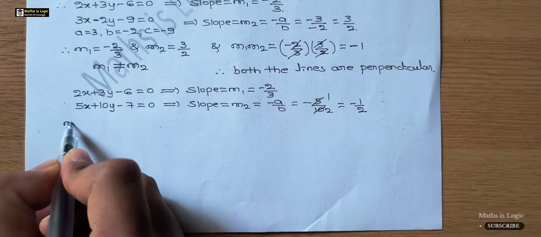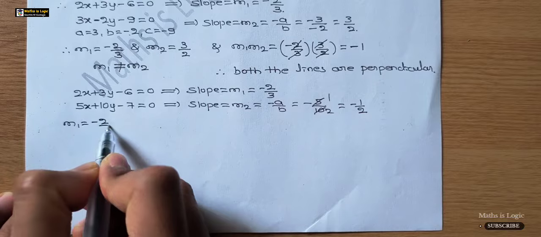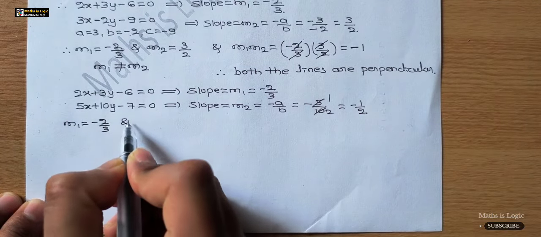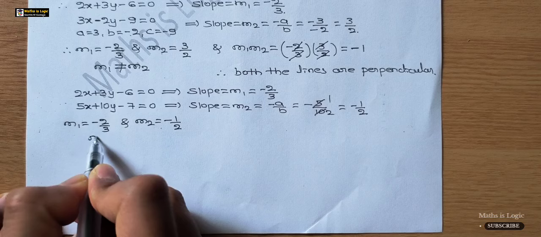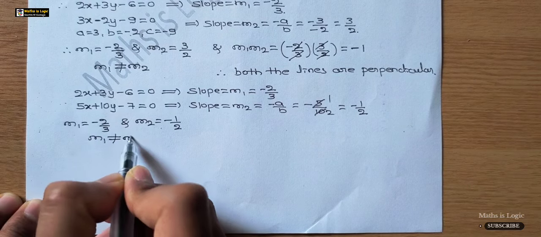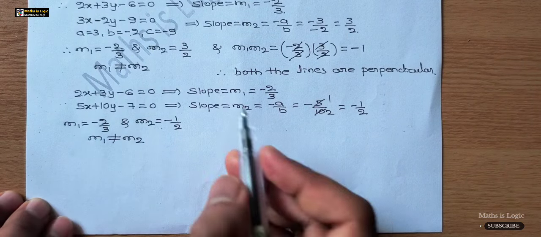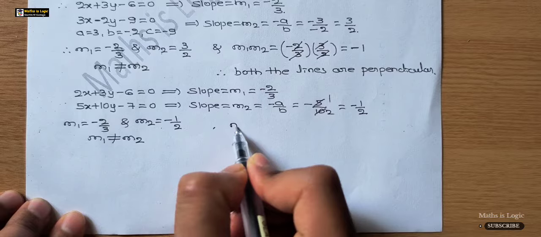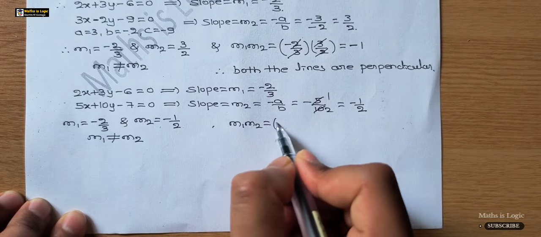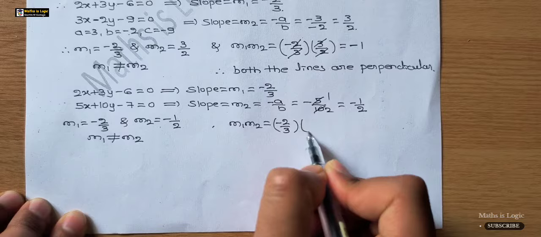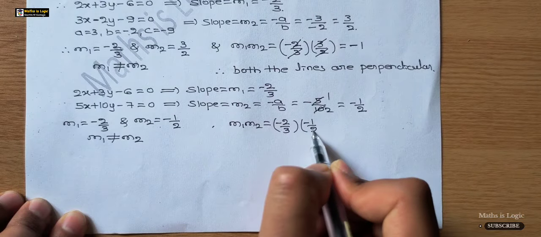Now m1 is minus 2 by 3 and m2 is equal to minus 1 by 2. That means m1 is not equal to m2. Next, m1 into m2 is equal to, m1 is minus 2 by 3 and m2 is minus 1 by 2.